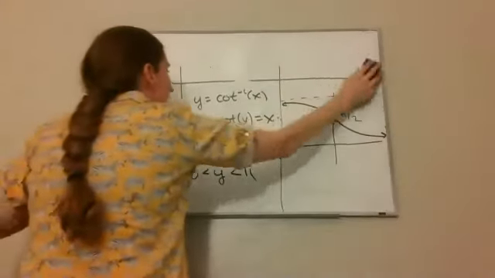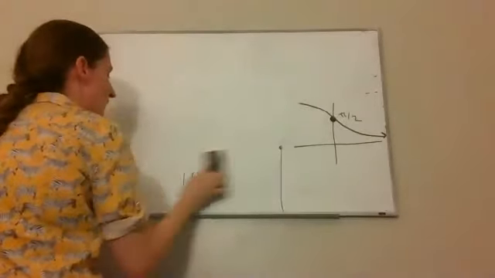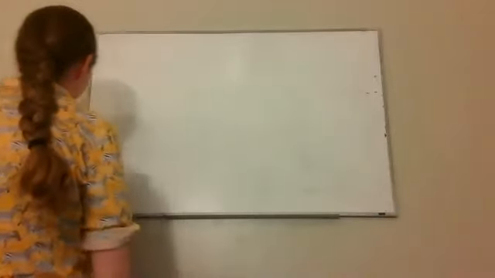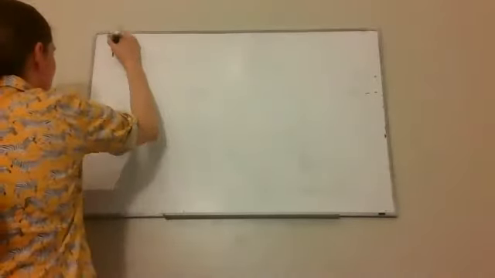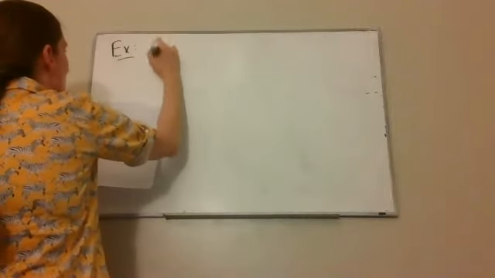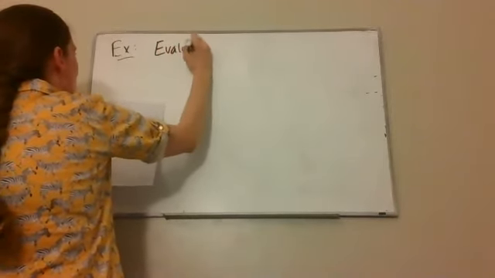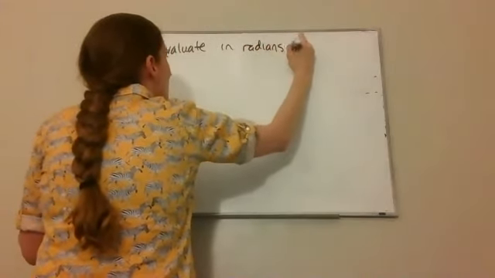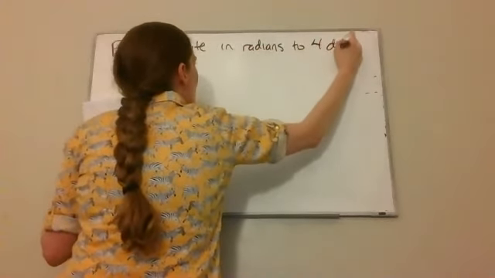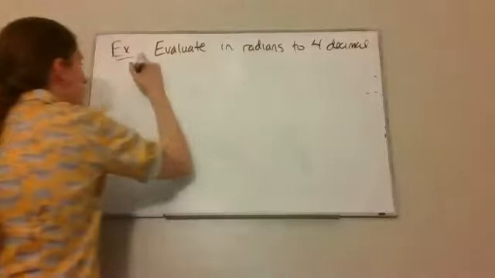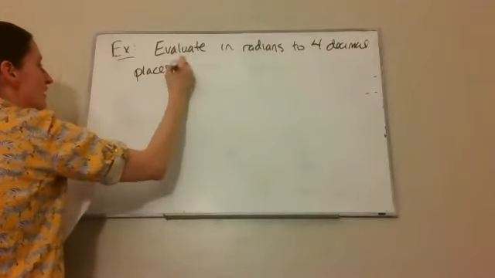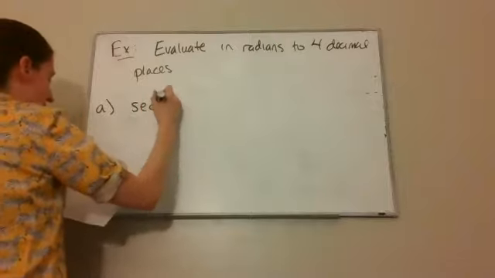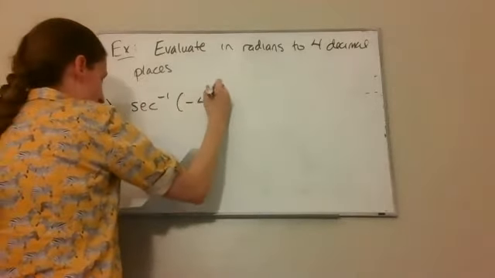So last example, using inverse secants and inverse cosecants. We're going to evaluate in radians to 4 decimal places, which means you're going to need your calculator and you need it set in radian mode. Our first one, secant inverse of -4.